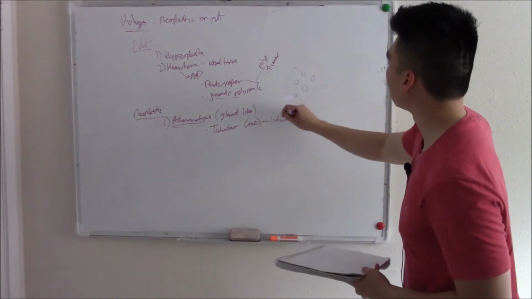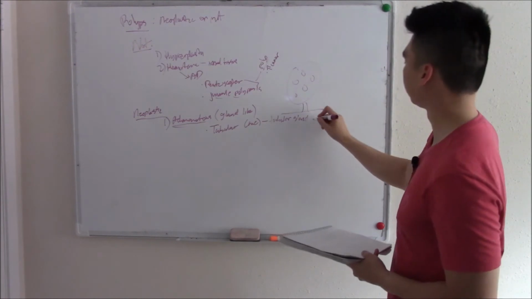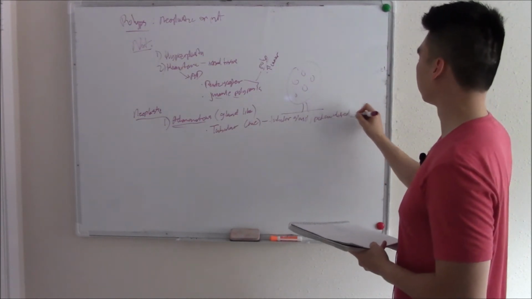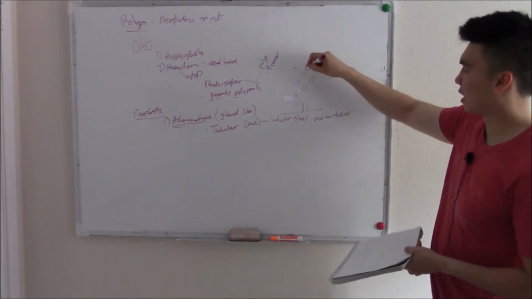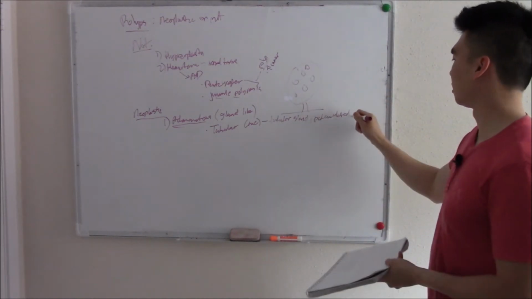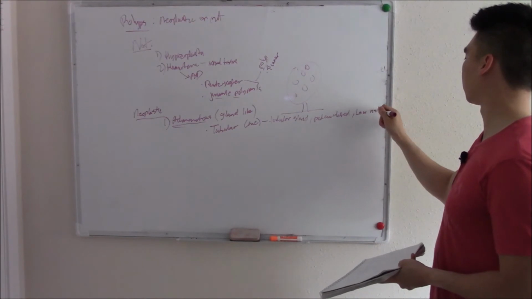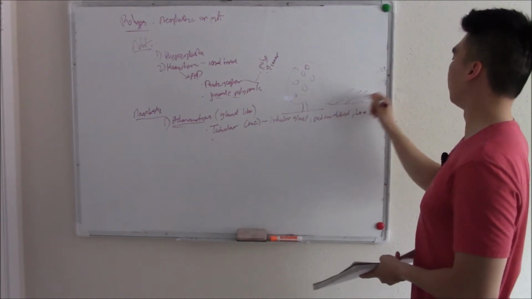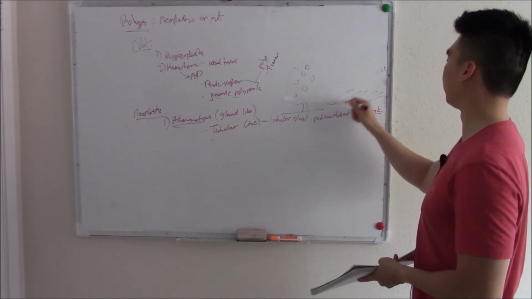And these are often pedunculated. So they have a stalk, pedunculated. So they have a stalk, they have tubular glands, but one thing you should know is that they're low risk.